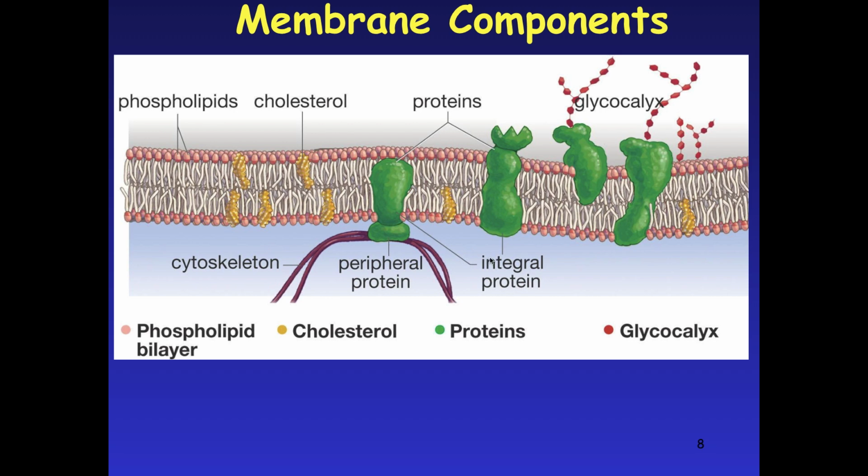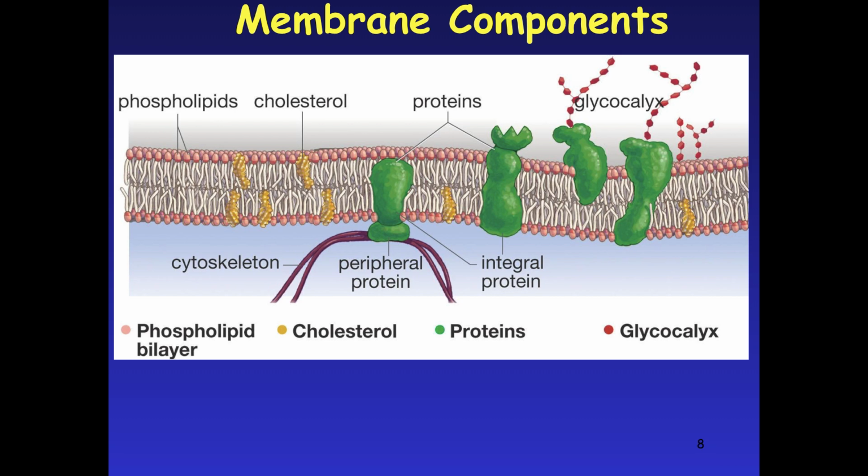Okay. A key is inside the word. It's an "in" in the word integral, meaning it's inside or embedded right in the phospholipid bilayer. It goes all the way through. Okay, that's different from a peripheral protein.